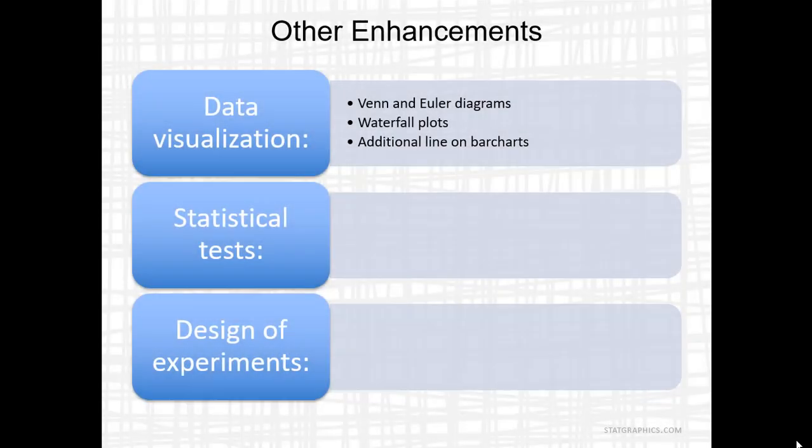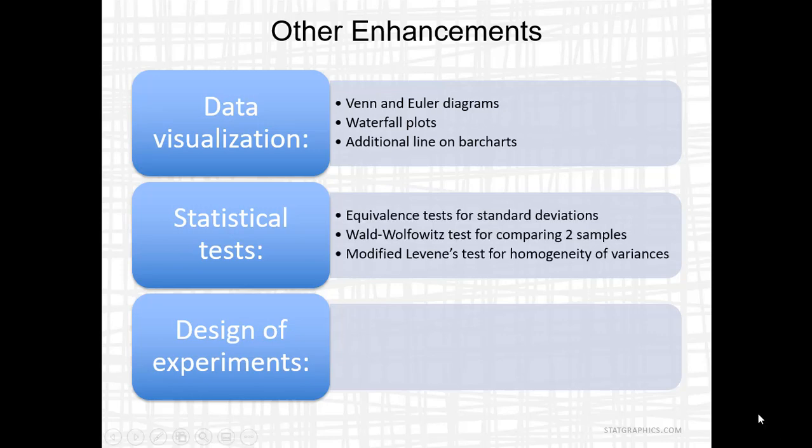We've also added, as you might guess, a lot of other enhancements to version 19. In the case of data visualization, we've added Venn and Euler diagrams, 3 types of waterfall plots, and the ability to put an additional line on a bar chart.